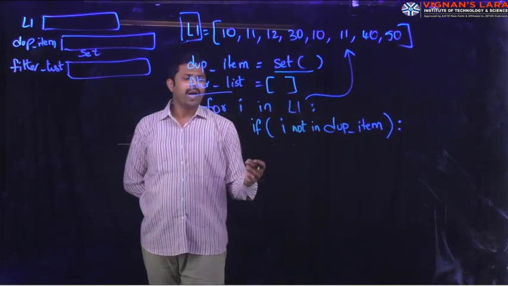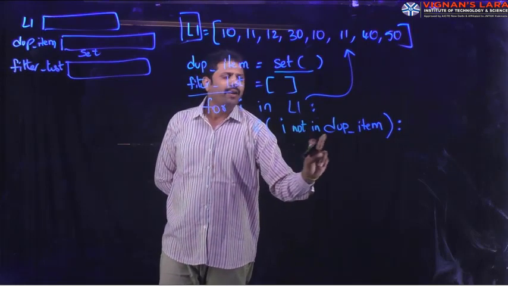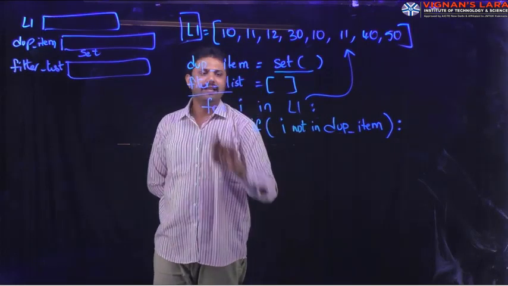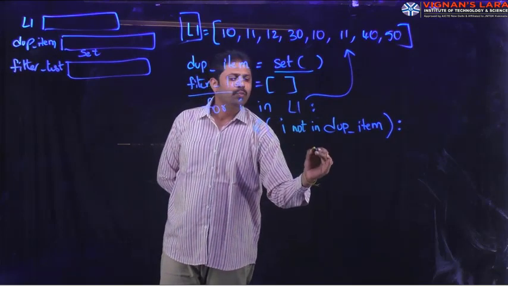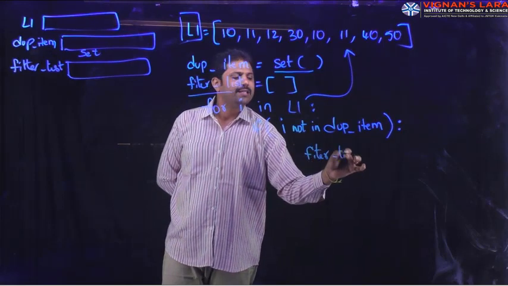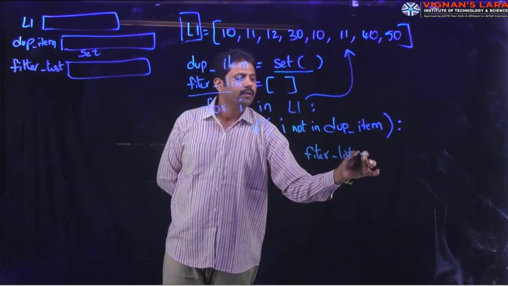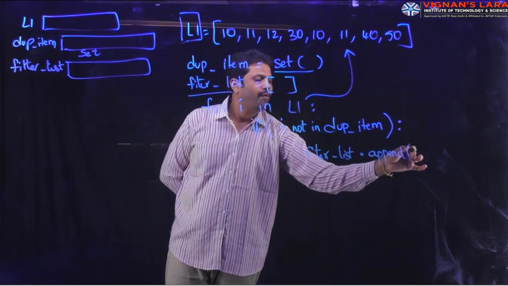So here you have to write: if i not in duplicate, that means this set. What you have to do is append the value: filter list dot append of i.